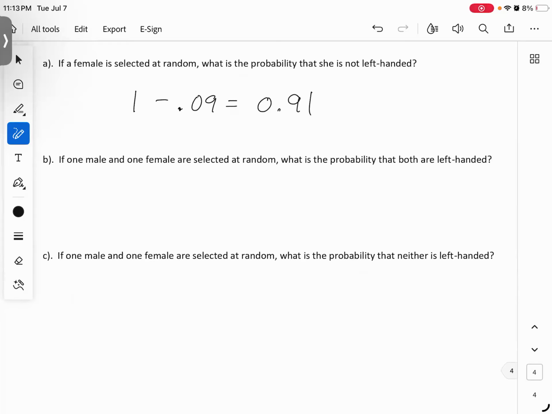Now B and C are going back to the multiplicative rule. They want you to pick two things back to back. The very first thing would be that they want a male who is left-handed, and then they want a female immediately after that who is also left-handed.